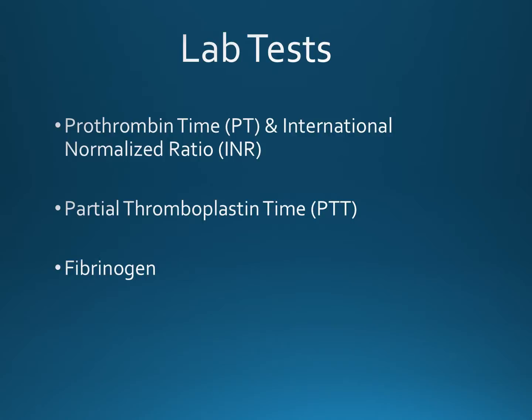The PT is used to monitor therapeutic ranges of anticoagulants such as warfarin, which is also called Coumadin, and therapeutic values are usually 1.5 to 2.5 times the normal. The INR, or International Normalized Ratio, was established by the World Health Organization to measure clotting using a standardized sensitivity index.